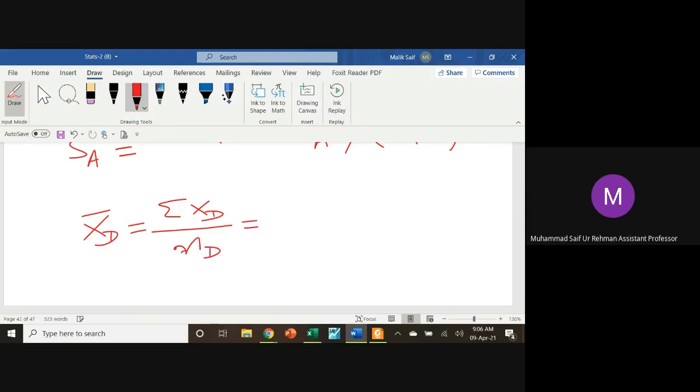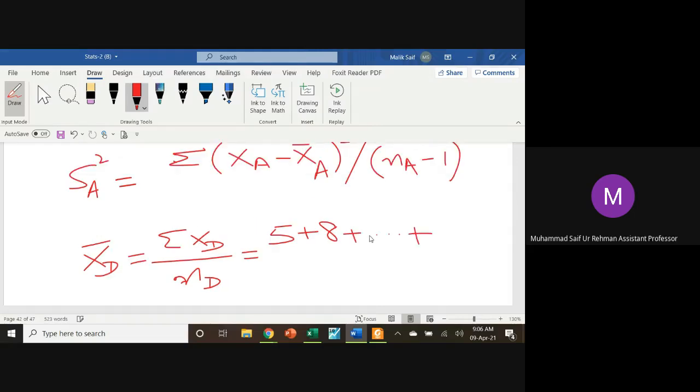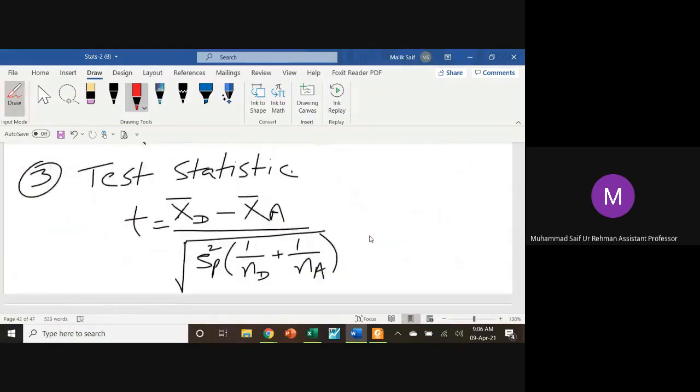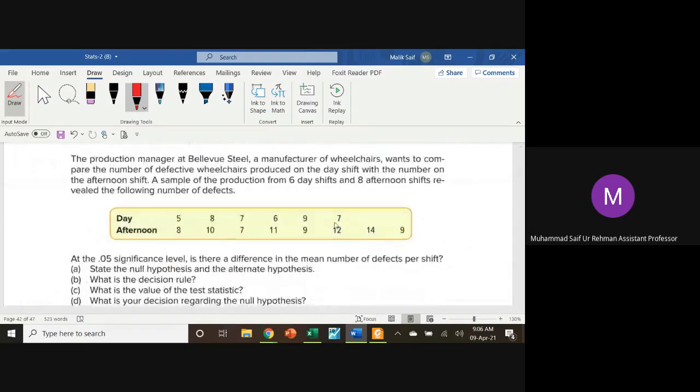So simply add the values. What are the values? 5 plus 8 plus so on up to the last value, which is 7. So add these values, 5 plus 8 plus 7 plus 6 plus 9 plus 7, divide by 6.